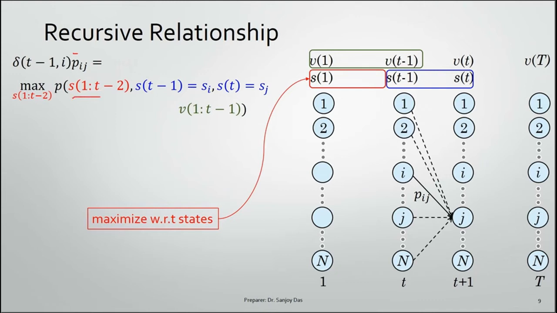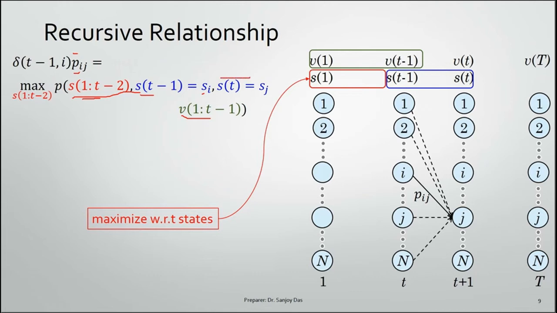It was the state sequence until t-1, with t-1's state being equal to Si, and maxed over the past states, and the output sequence being V1 through Vt-1. When I multiplied delta t-1(i) with Pij, I got this.